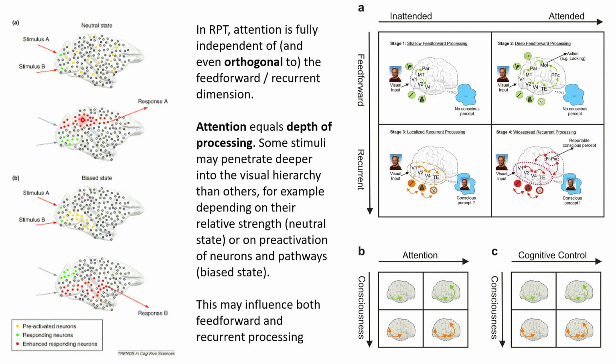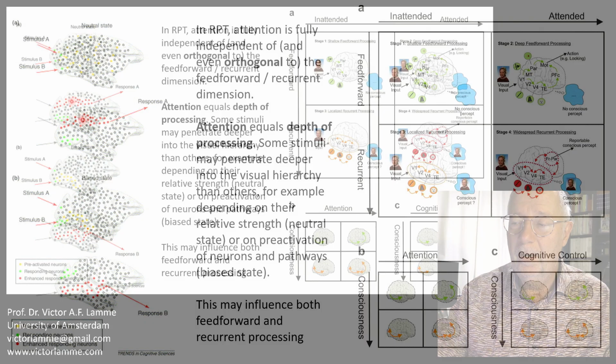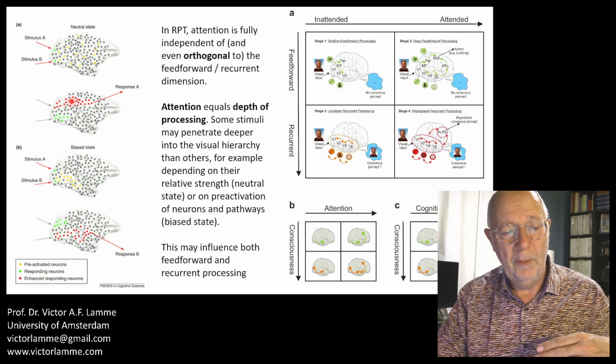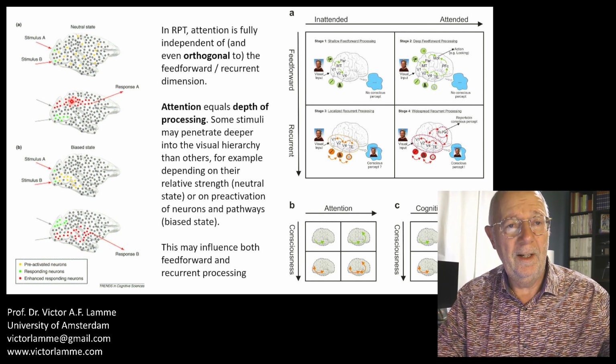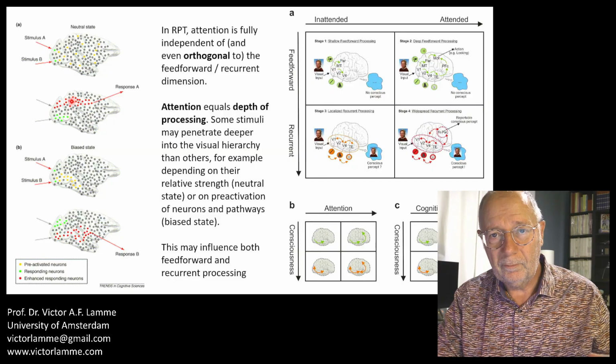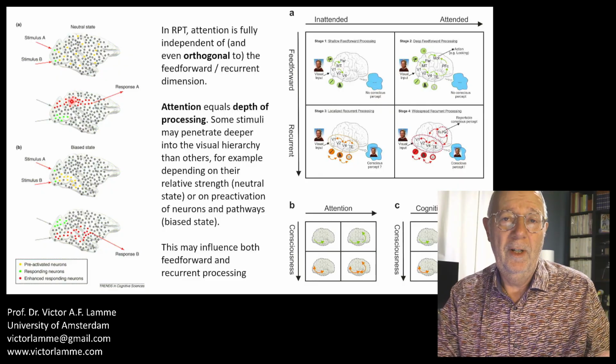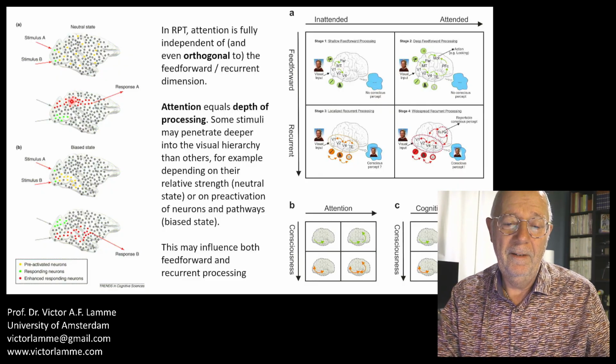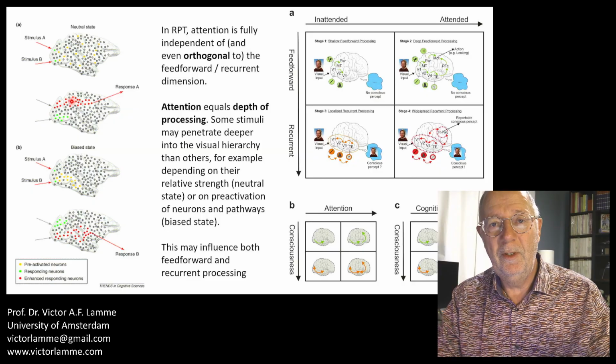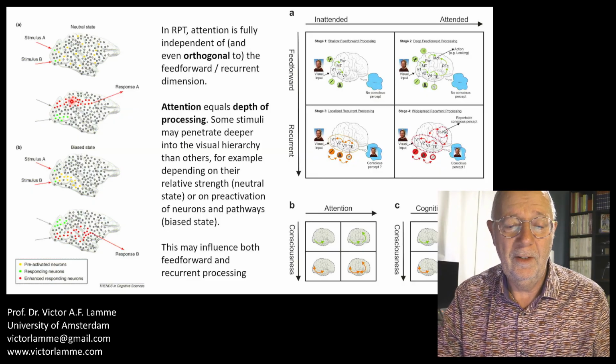And there are also hardwired pathways that visual stimuli may more easily take. For example, we know that faces, or your own name, socially very relevant stimuli, have the tendency to get processed more deeply, more automatically, without the need for top-down attention or top-down control, simply because you have these very hardwired, dedicated pathways for processing faces, for processing stimuli like your own name.